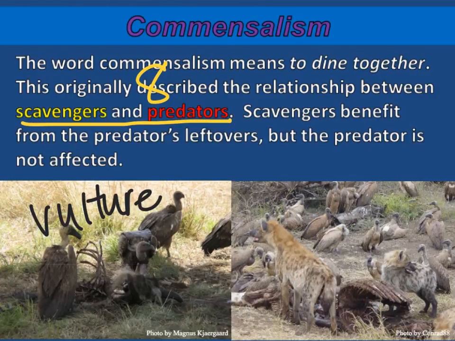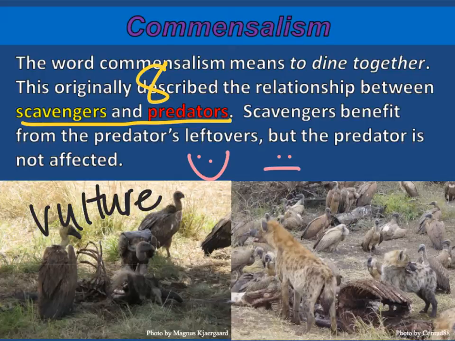Now notice, in commensalism, remember, one is happy, but the other is not affected. It's not happy or sad. It's just not affected. So class, this is important. Listen up. The relationship between a hyena and the vulture is commensalism. So let me explain.